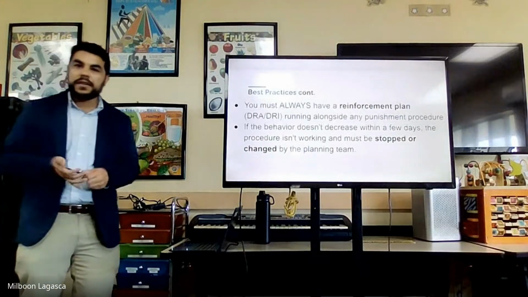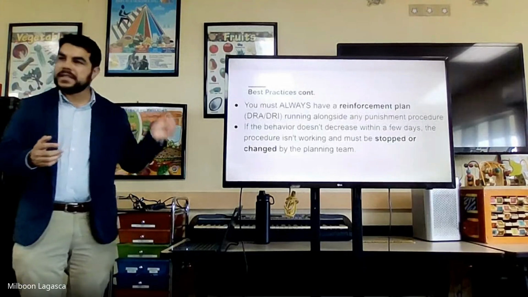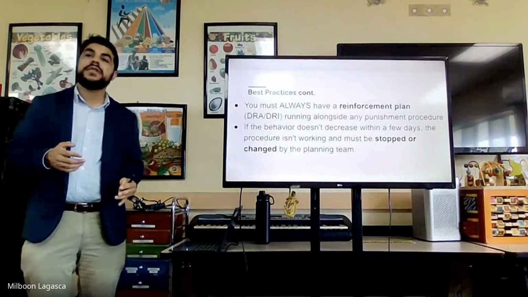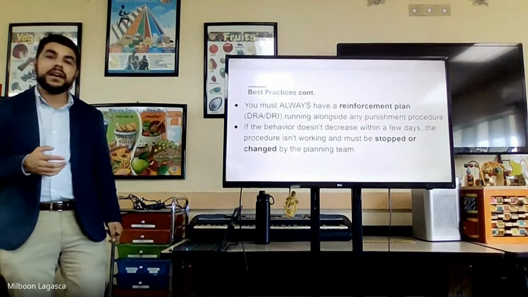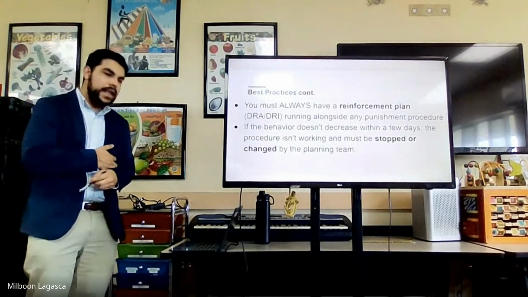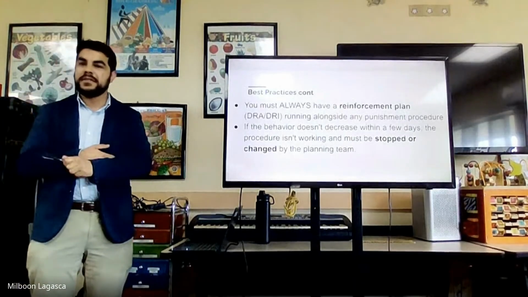Just like with the DRO, you always need to have a reinforcement plan. Just like with the example of the young man, they incorporated functional communication training as soon as there was that absence of aggression and property destruction. And the punisher is supposed to lead to the decrease of behavior.